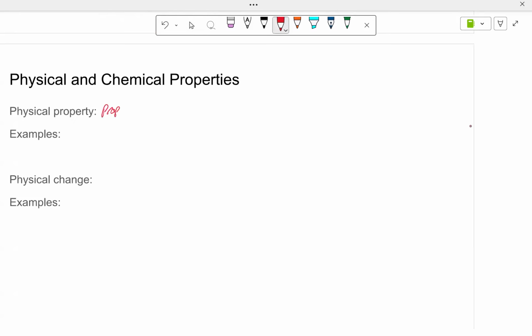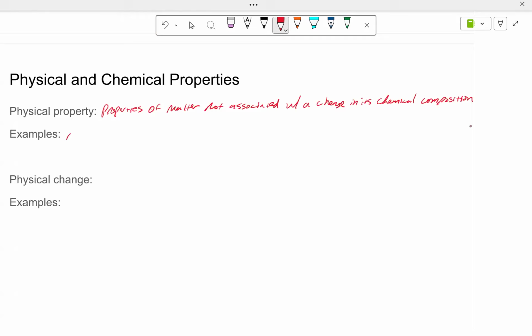These are properties of matter not associated with a change in its chemical composition. That means as long as you don't physically change the identity of the compound, you don't break it down or separate its atoms out or the molecule, those properties are always going to be the same.